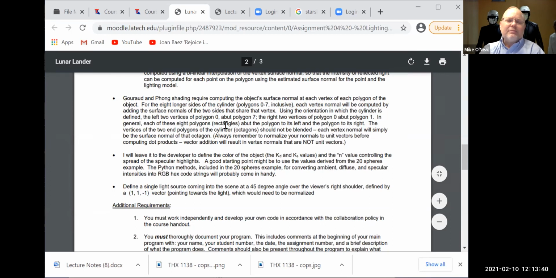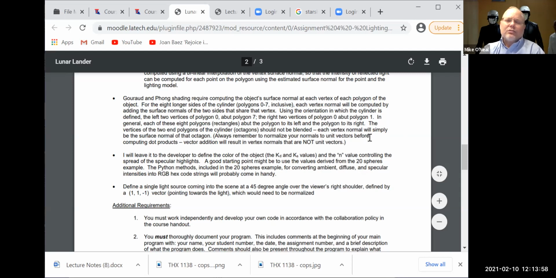In general, each of these 8 polygons, the rectangles, abut the polygon to its left and the polygon to its right. The vertices of the 2 end polygons of the cylinder, those octagons, should not be blended. Each vertex normal will simply be the surface normal of that octagon.